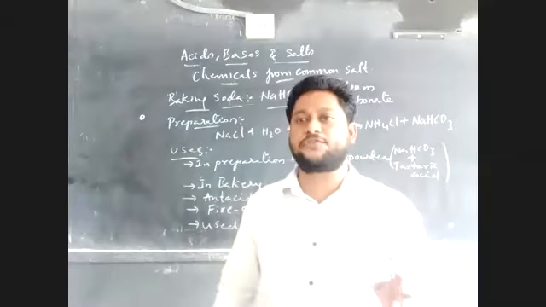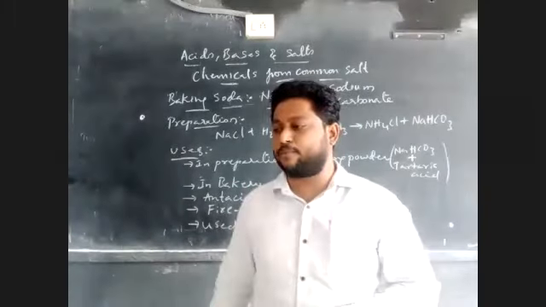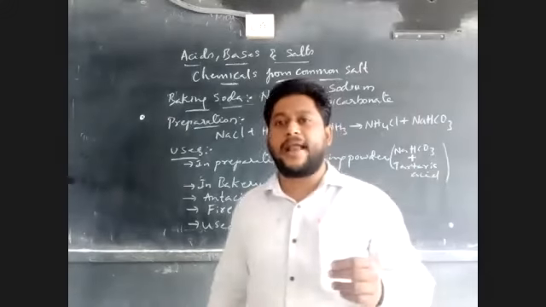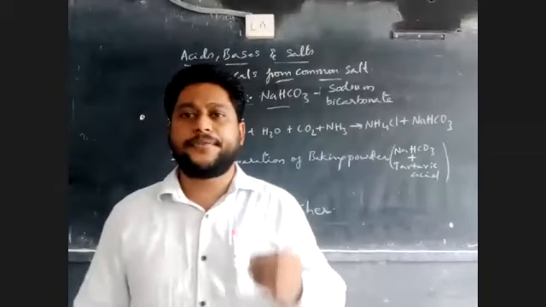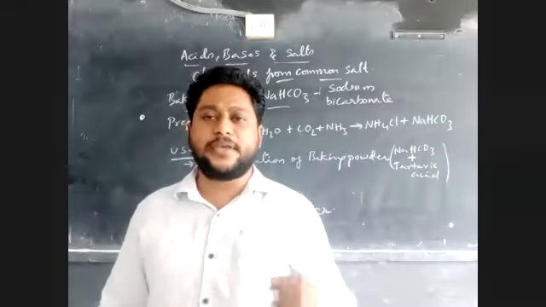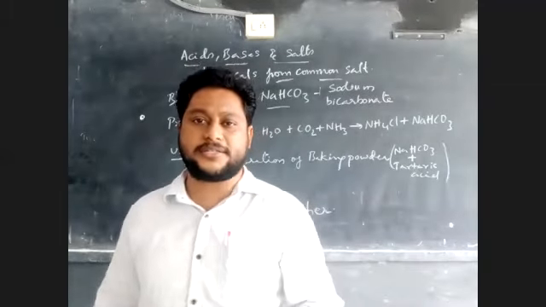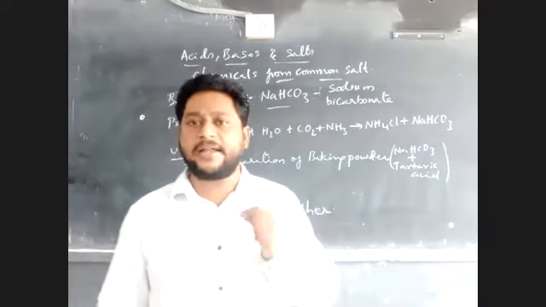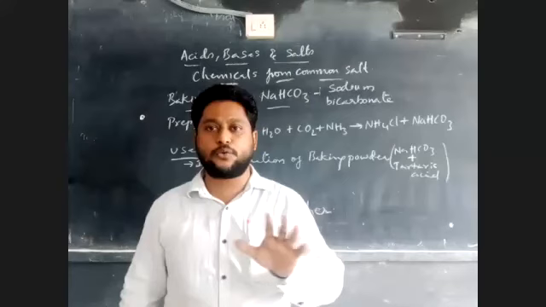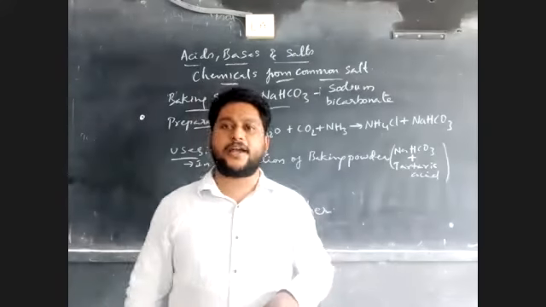In today's class, we have studied the chloroalkali process. What is the chloroalkali process? When aqueous NaCl is subjected to electrolysis, we get chlorine gas, hydrogen gas, and NaOH. We have gone through the uses of chlorine gas and hydrogen gas.